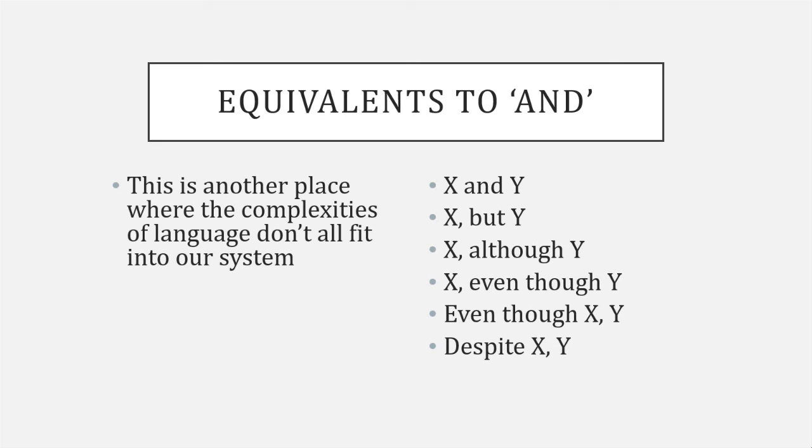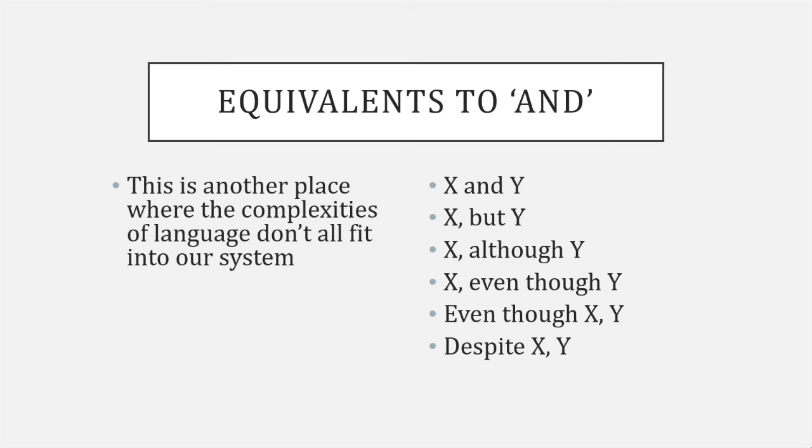X and Y, sure, that's equivalent to and. X but Y, that's the same, logically speaking, as and. X although Y, X even though Y, even though X, Y, despite X, Y.